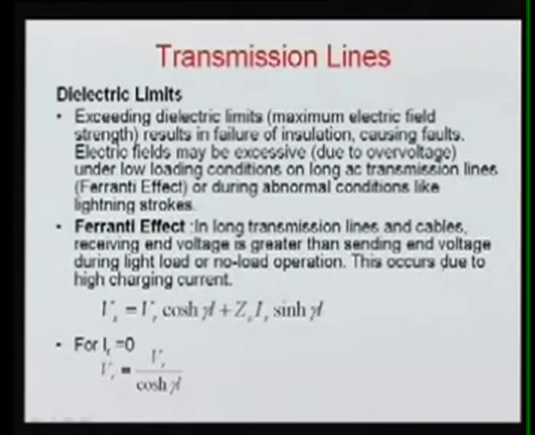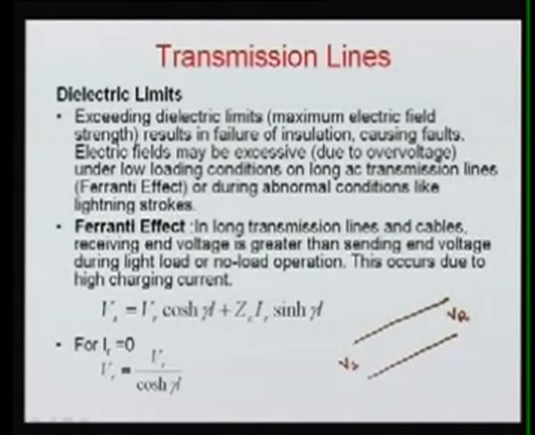The Ferranti effect is nothing but, in a long transmission line or cable, the receiving end voltage is greater than the sending end voltage during light load or no load. Here this is your transmission line, this is your receiving end voltage, this is your sending end voltage.